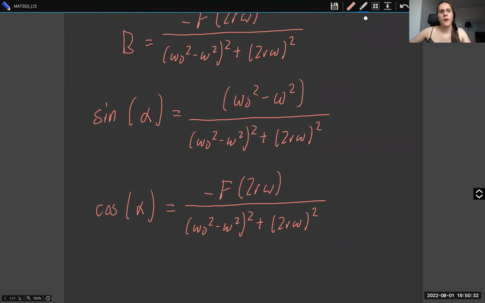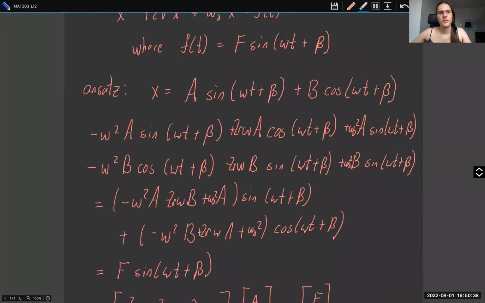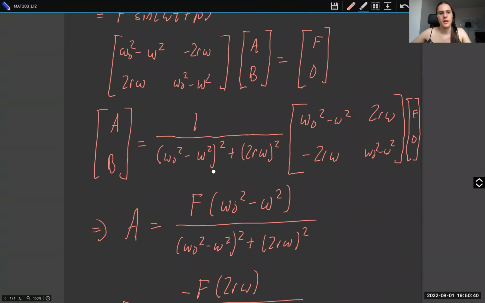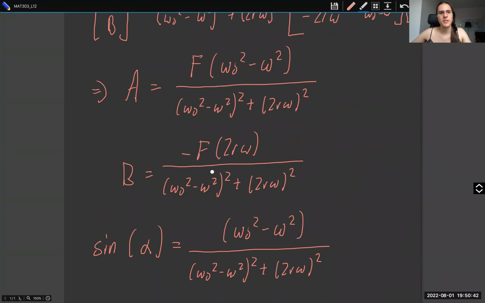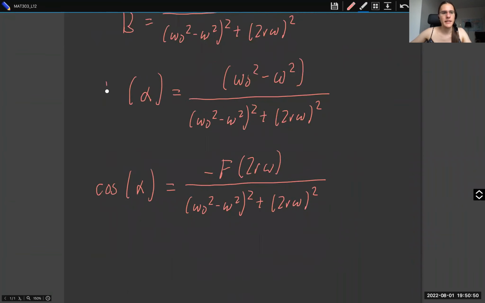So A is going to equal sine. Okay, you know what? No, I'm going to set this cosine and this to sine.